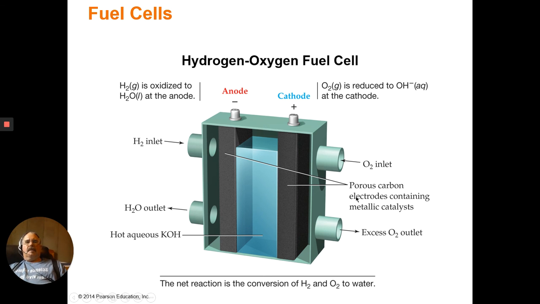And this uses porous carbon electrodes containing metal catalysts. The fuel cell is used on the International Space Station, for example. There's some experimental uses of fuel cells in cars, but so far it's not very cost effective.